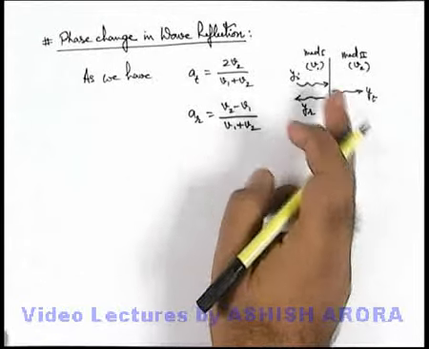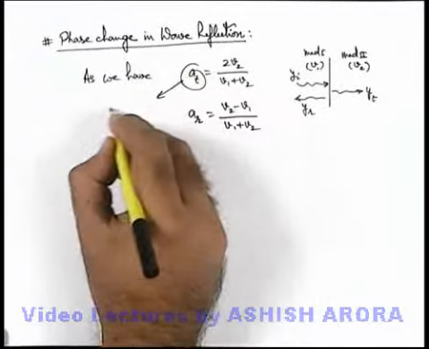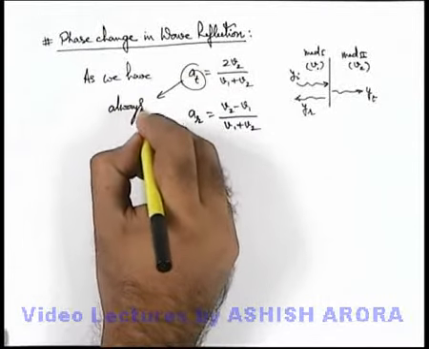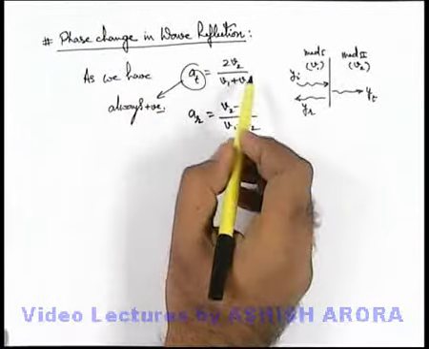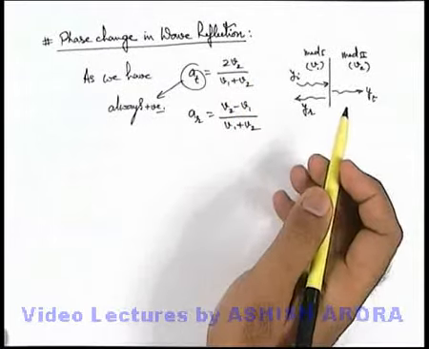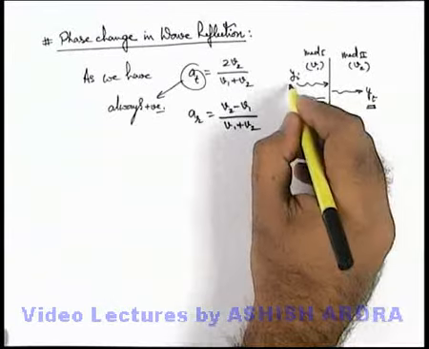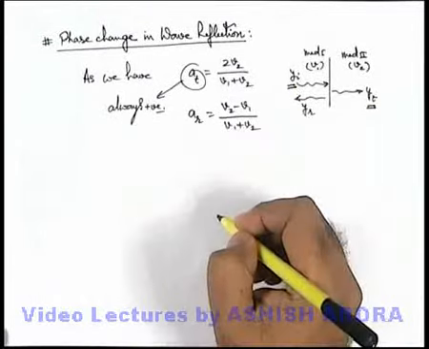Here you can see that whatever may be the values of v1 and v2, the transmission coefficient At will always be positive. That means we can say the transmitted wave will always be in the same phase with the incident wave.